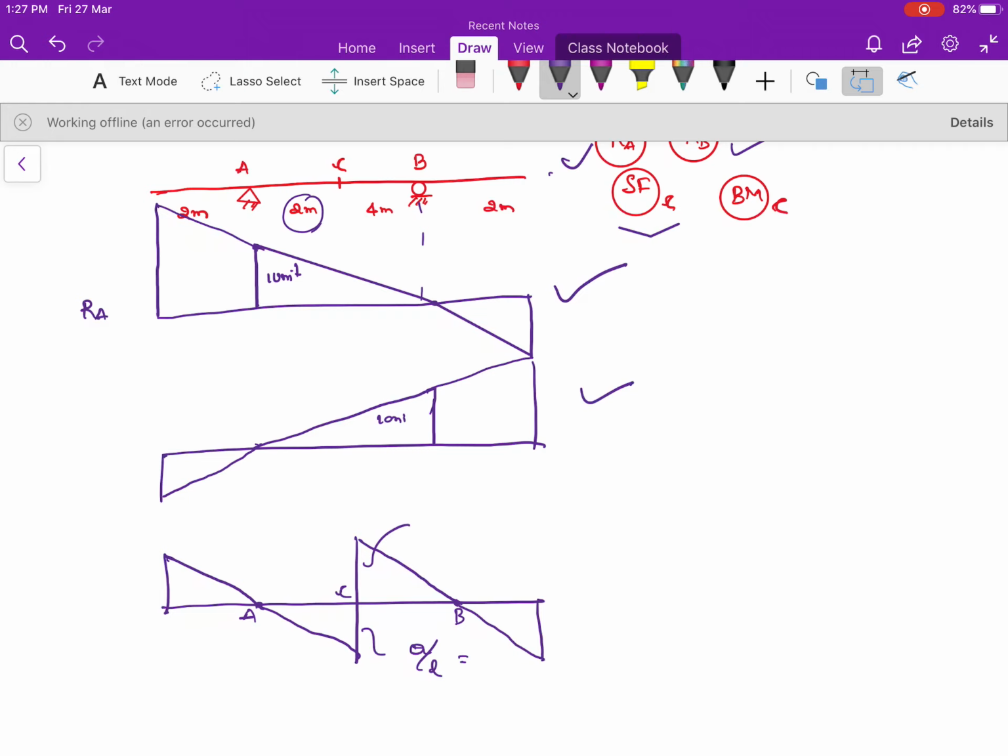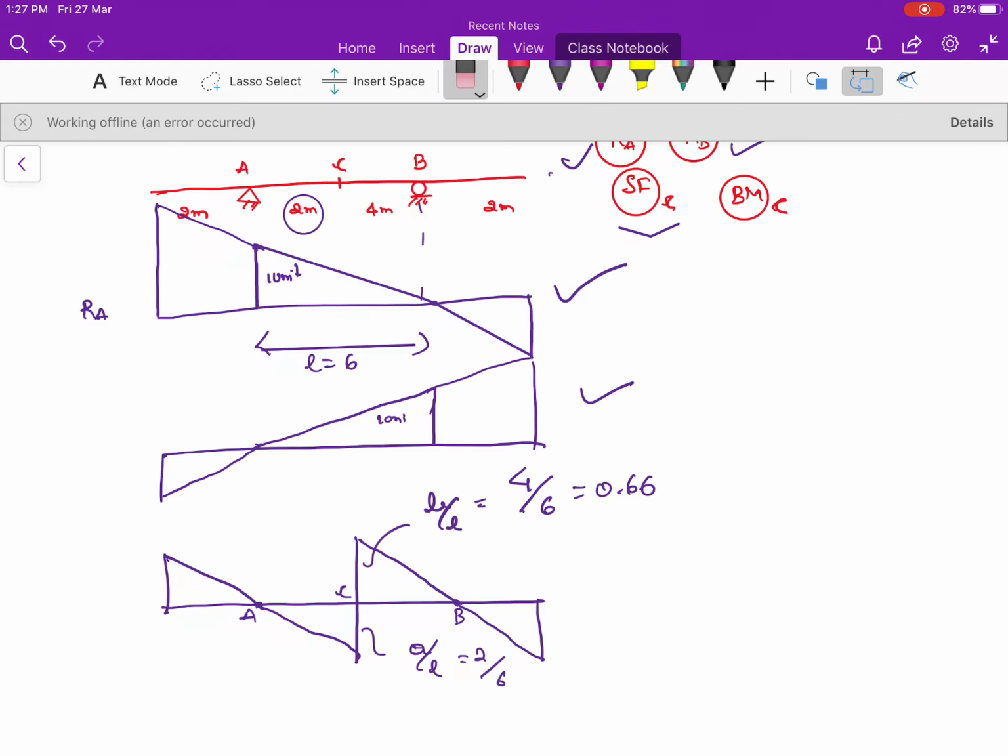It is 2 meters, which is equal to 2 divided by 6, because the value of L is equal to 6. And here also b divided by L, the value of b is 4 divided by 6, which comes to be 0.66 something. Okay, this is how you need to remember.